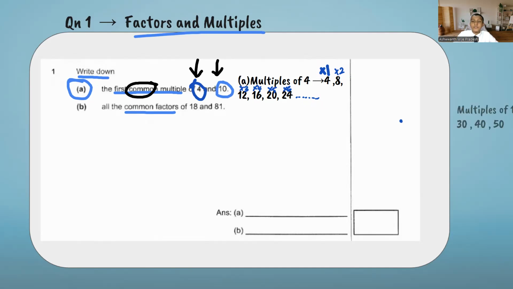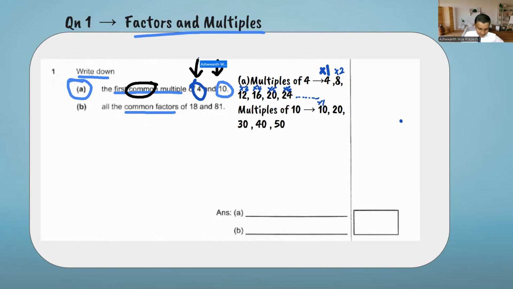Now let's look at multiples of 10: 10, 20, 30, 40, 50. It keeps on going, times 1, times 2, times 3, times 4, times 5, and keeps going on.